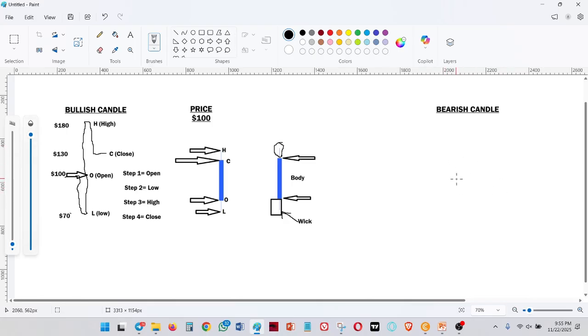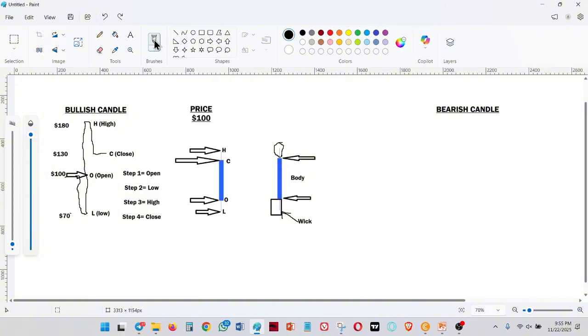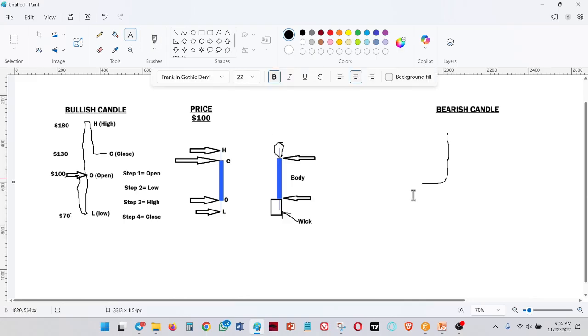Now a bearish candle will also open. So for a bearish candle, we'll start like this. Then, because it's a bearish candle, it will now go up. Let's put the price tag.